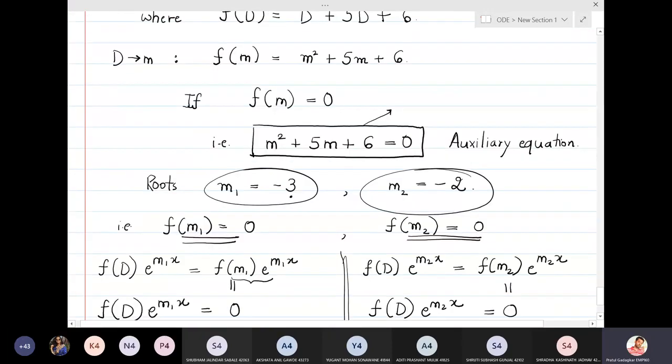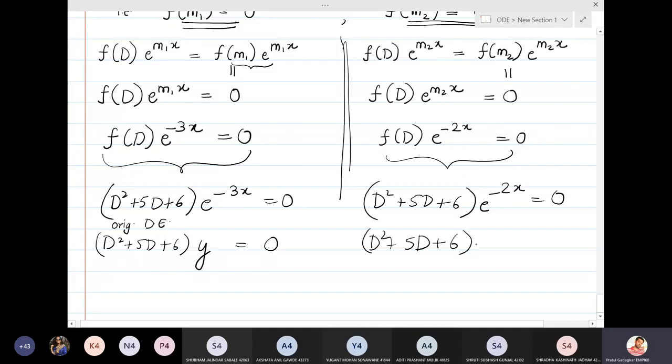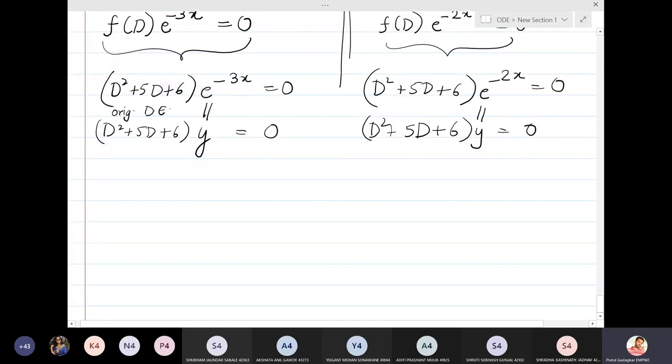So if I compare it with the original differential equation, the original differential equation is (D square plus 5D plus 6) y equal to 0, and (D square plus 5D plus 6) y equal to 0. So this means that y should be how much? If I go on comparing, I'm getting that y should be e raised to minus 3x and y should be e raised to minus 2x.